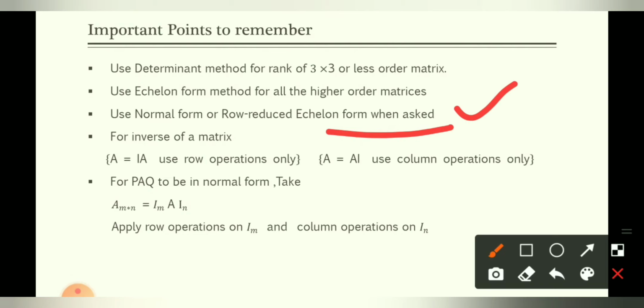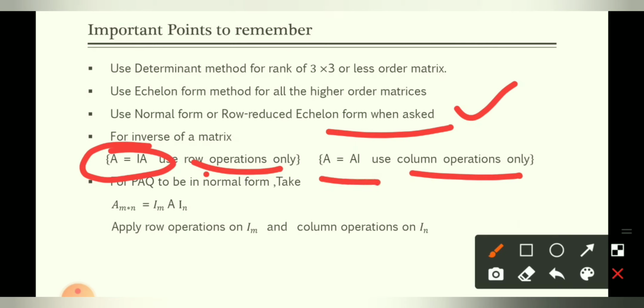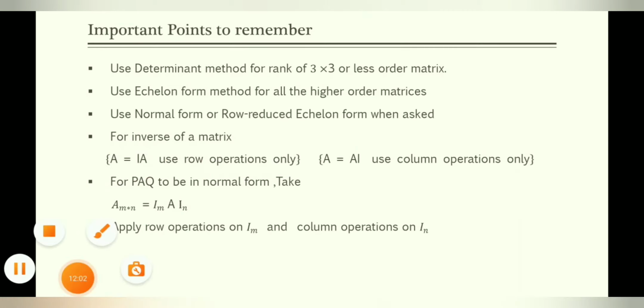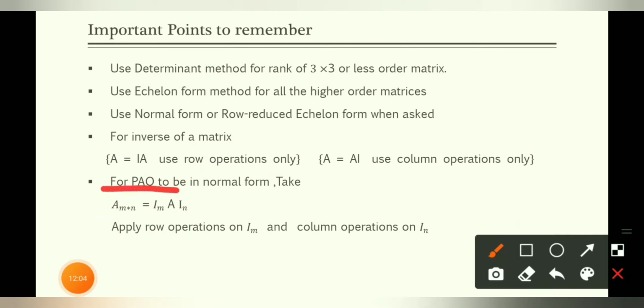Then for finding inverse, we use only row operations or only column operations. If we are using row operations, then you write A as I into A, and if we are using column operations, then write A as A into I. So this is also very important to remember. And the last one is PAQ in normal form, because this is very important. Generally this type of question occurs in the paper.